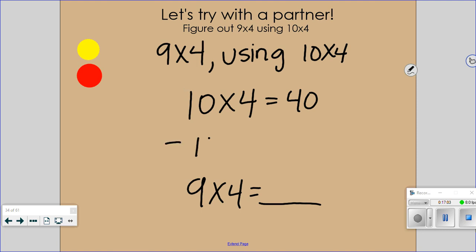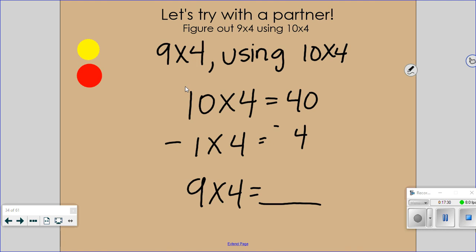Minus one group of 4. Well, what is one group of 4? What does that equal? What does that mean? Lucy? 4. So now I have 40 minus 4.